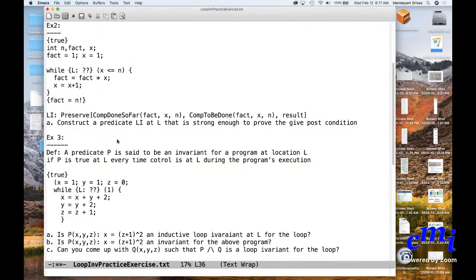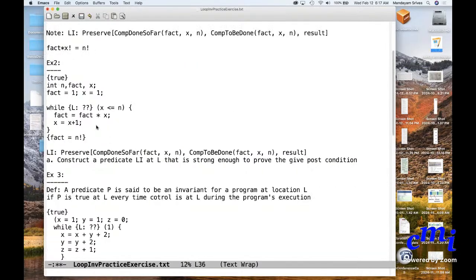Okay, let me move on to the next example. We briefly discussed this one as well. So let me go to Harsh. Actually, I was not present in the last class, so I don't have an idea about this.